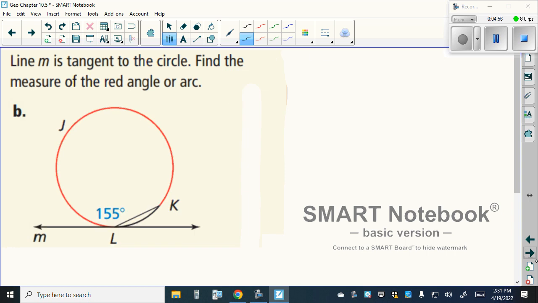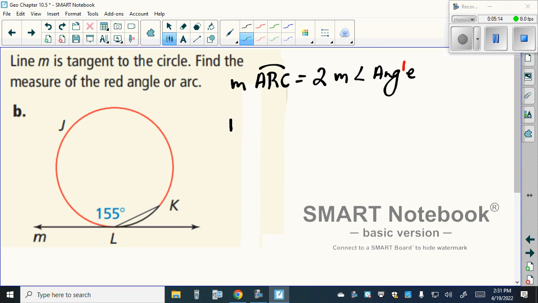Now for this one here, we're given the angle, and the measure of the arc is equal to twice the measure of the angle formed by the tangent line and a chord.